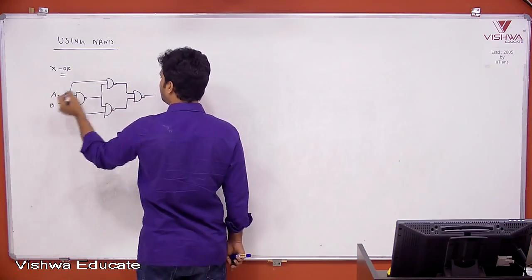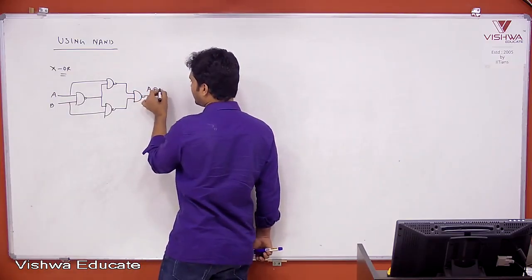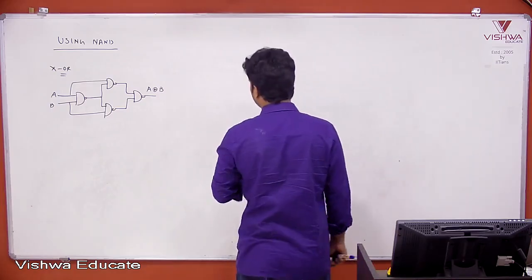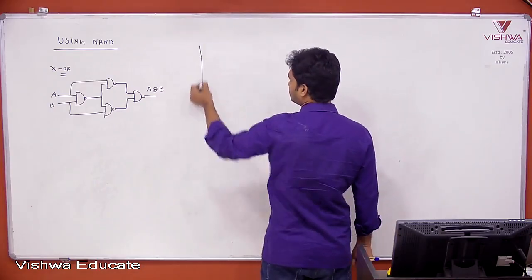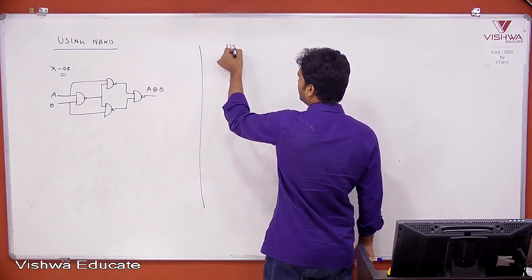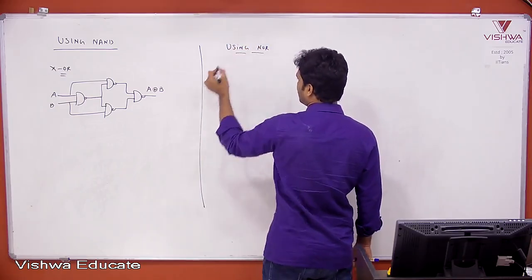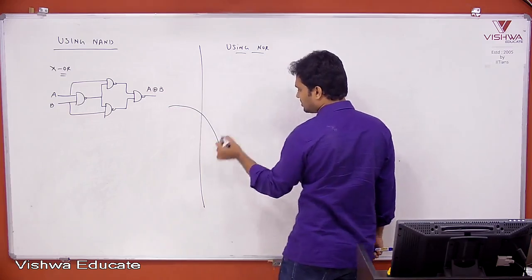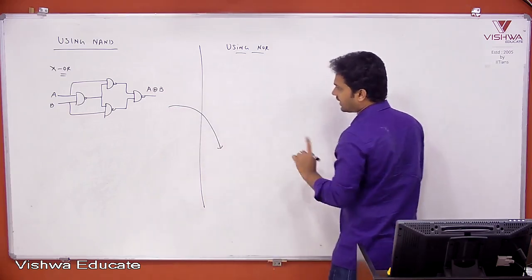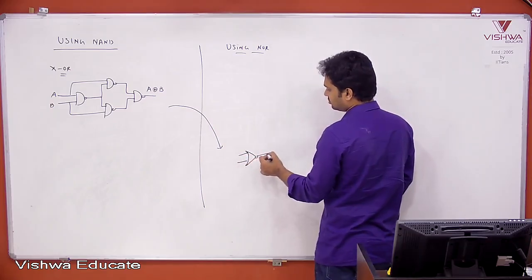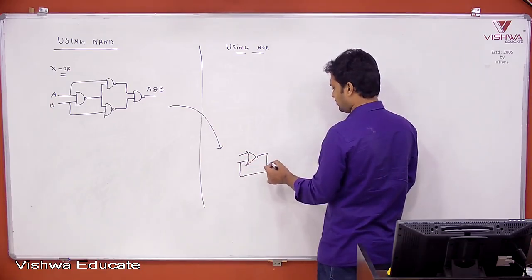A and B. This one is A XOR B. Now, using NOR. What I am saying is, if you take this same figure, but every NAND gate replaced with NOR gate. Same figure only.